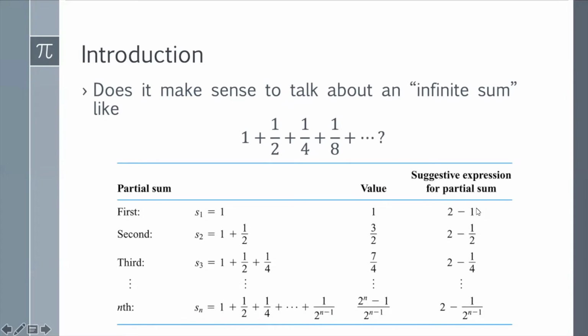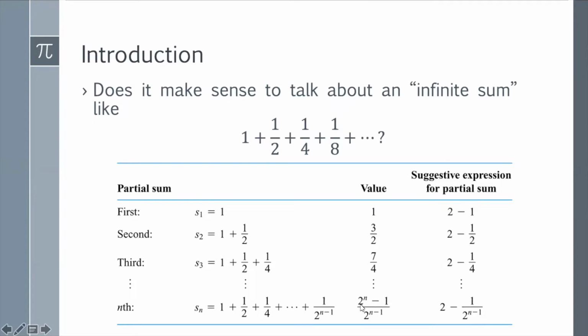Well, now if we go over to the column on the right, they're rewriting each of these partial sums in a way that makes the pattern easier to pick up on. If you write 1 as 2 minus 1, and then write 3/2 as 2 minus 1/2, write 7/4 as 2 minus 1/4.